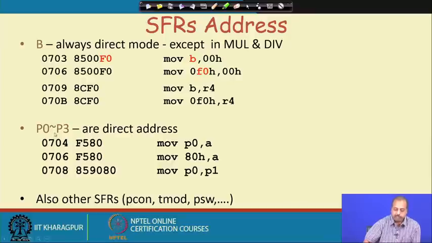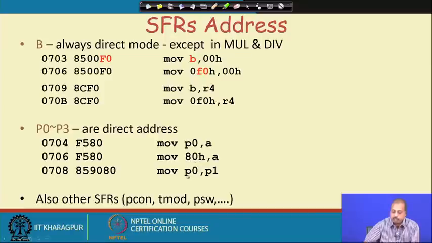Then P0 to P3 can be used as direct addresses, like MOV P0, A. The P0 register's address is 80 hex, so this is F5 80. Then we can have this instruction, which is also F5 80, but here 80 is mentioned explicitly.